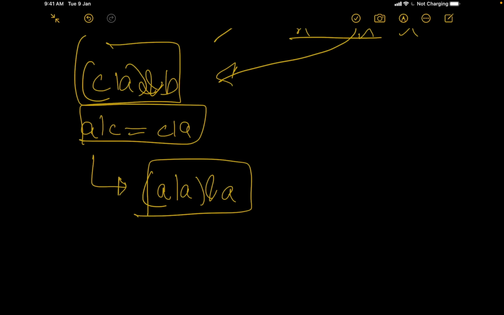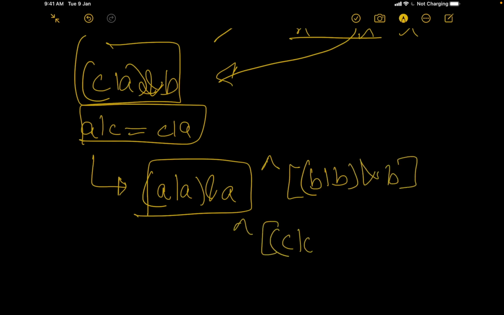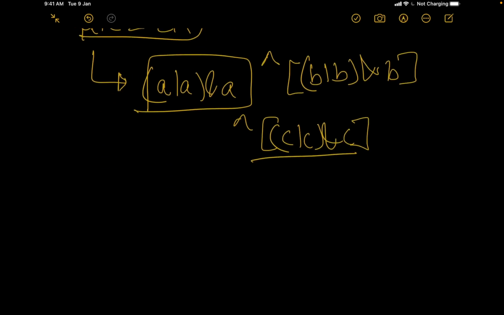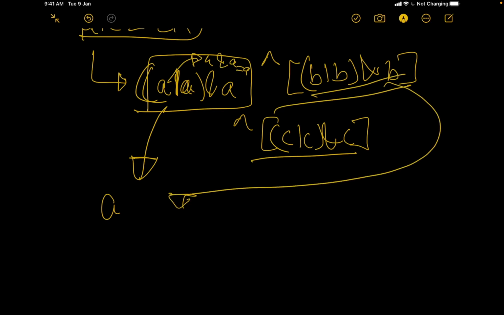This would remain after the XOR, and the other value would be (B OR B) AND B. The third value would be (C OR C) AND C. All the other values would get cancelled because of duplicacy. This turns out to be A, because A OR A is A, and A AND A is A. So this becomes A, this becomes B, and this is C.